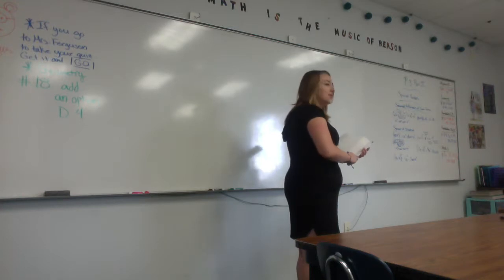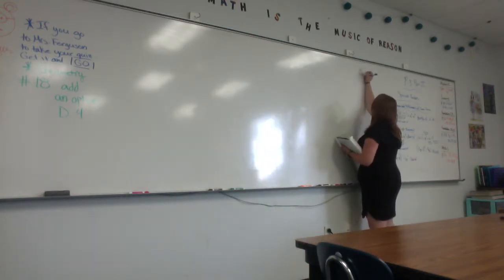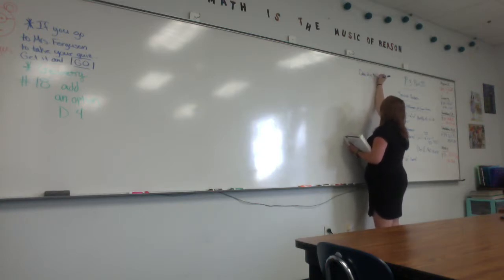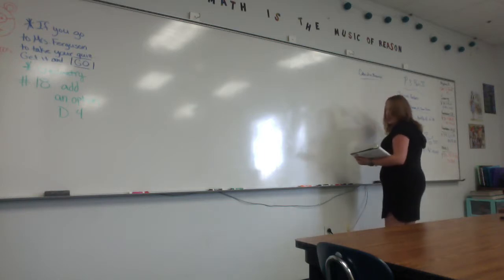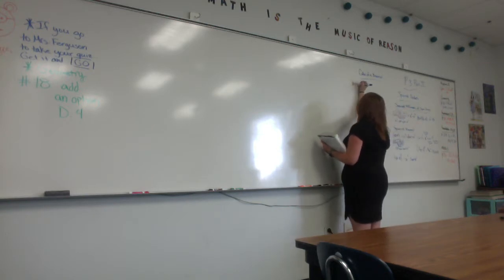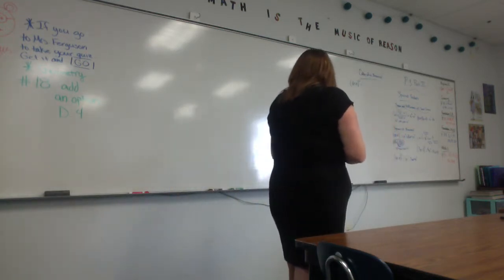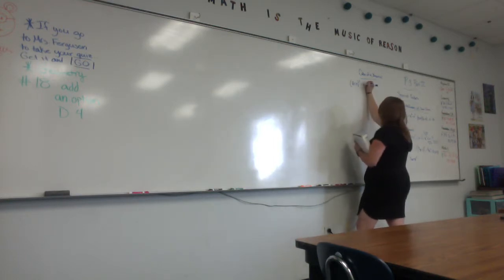Then you're going to do cube of a binomial. Okay, the cube of a binomial is what we went over today a little bit. U plus v cubed. If I did that out, the first term is going to be u cubed.